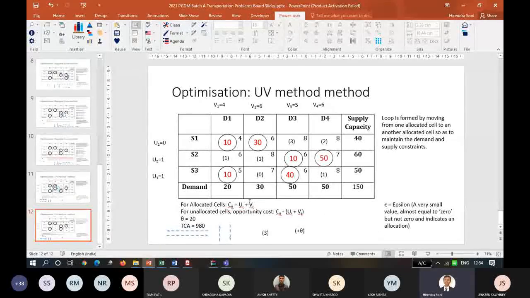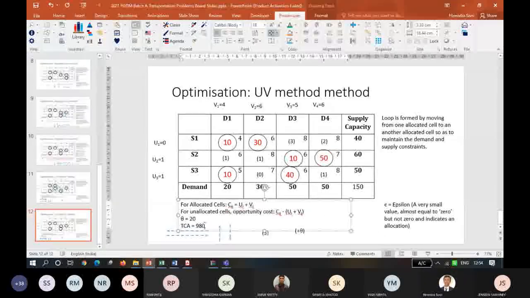What is the total cost of allocation? 10 into 4 plus 30 into 6 plus 10 into 6 plus 50 into 7 plus 10 into 5 plus 40 into 6.